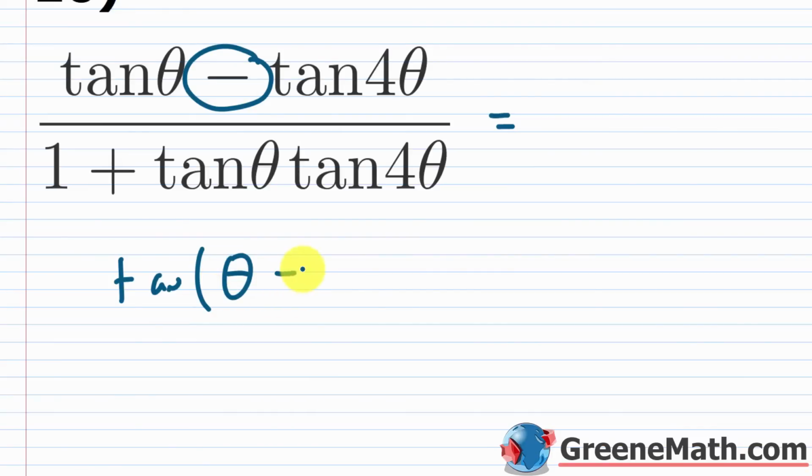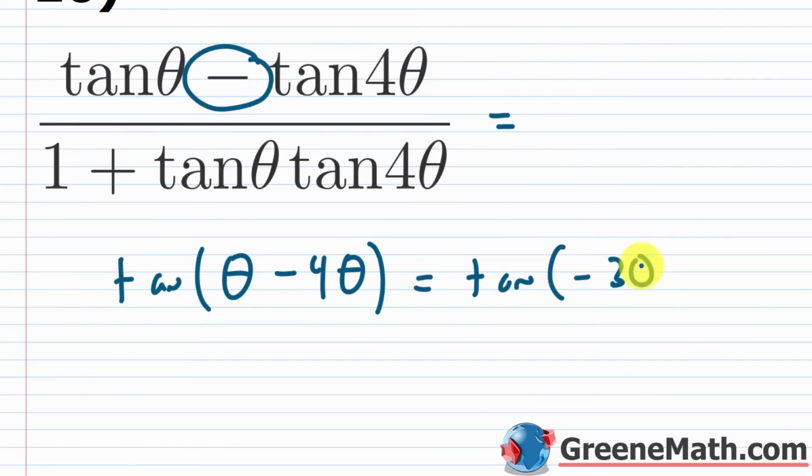This needs to match, so this is a minus, and then the second angle, 4 theta. So this would just be the tangent of negative 3 theta. And again, using your negative angle identities, you could say this is the negative of the tangent of 3 theta. You don't have to put parentheses there. I'll just say this is the negative of the tangent of 3 theta.